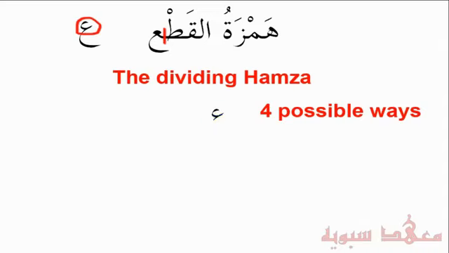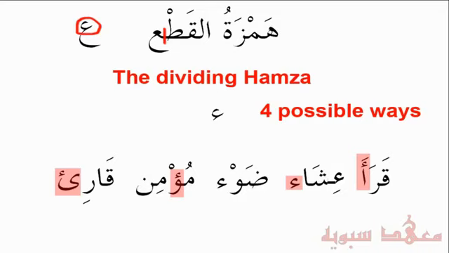Now let's look at some words that have Hamzatul Qat'. And we can see actually that we can have the Hamza all alone over here, as in the word Isha. We can also have it on top of an alif. Now what harakah is on top of the Hamza is irrelevant. It could be either one. It doesn't matter if it's a dhamma, a fatha or kasra.